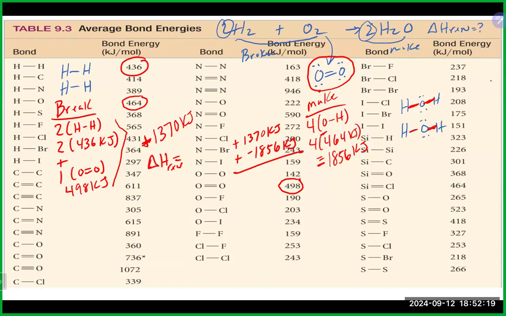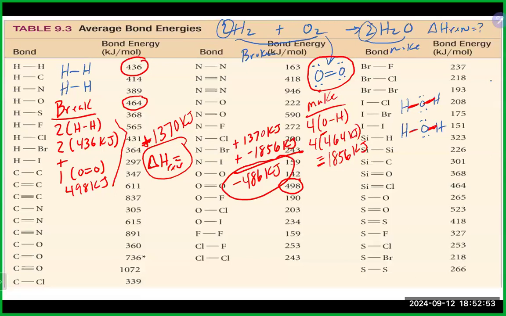We add those together, or subtract them, however you want to look at it, and you end up with a negative 486 kilojoules for the delta H of this reaction. Overall, is this reaction endothermic or exothermic? It's exothermic. There's a net release of energy when you make water. It gives off energy when you make water molecules in that process based on bond energy.